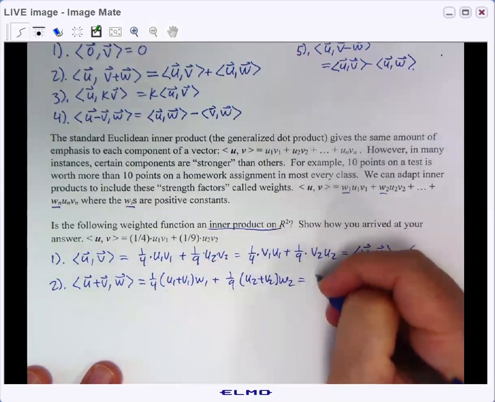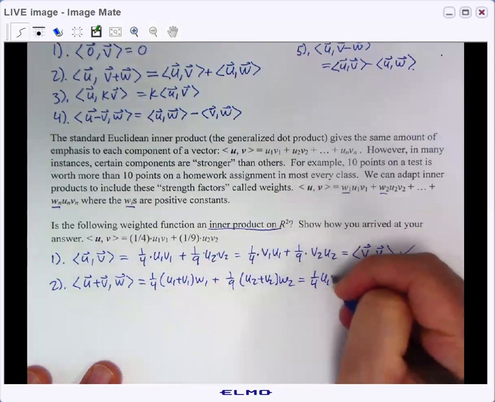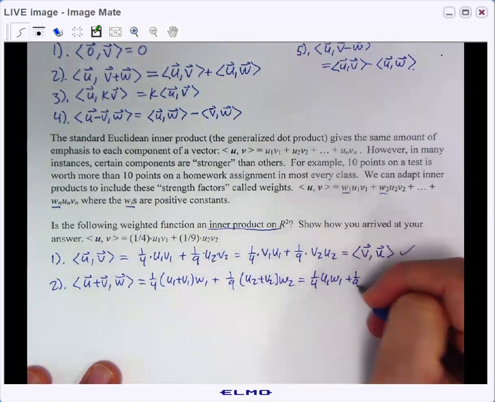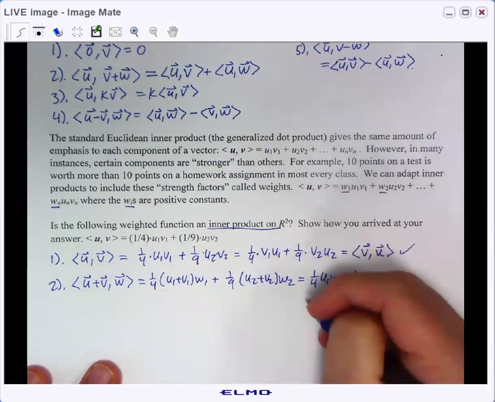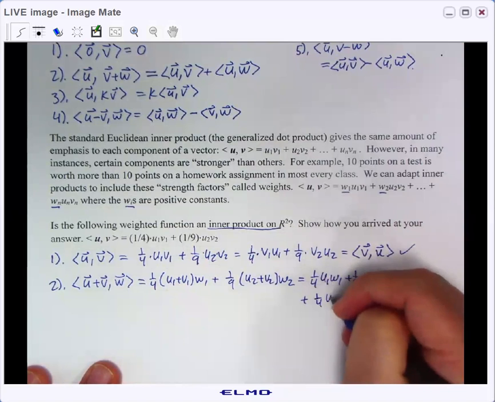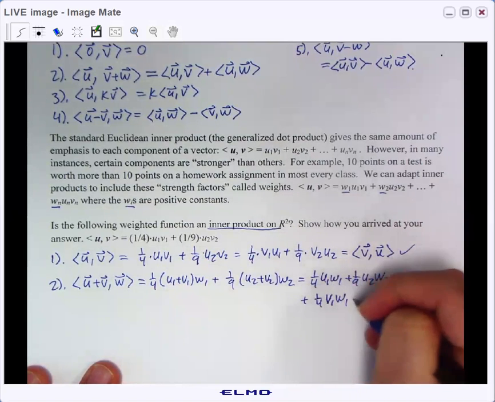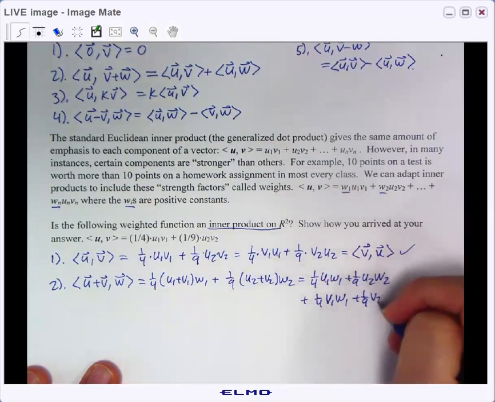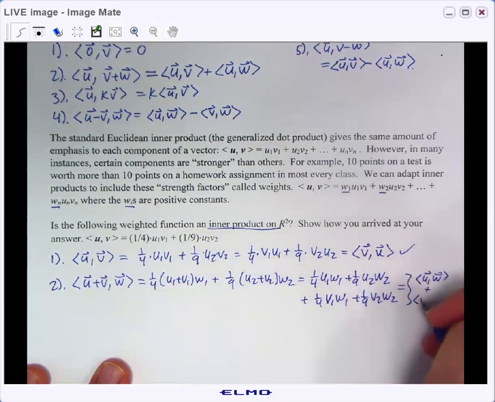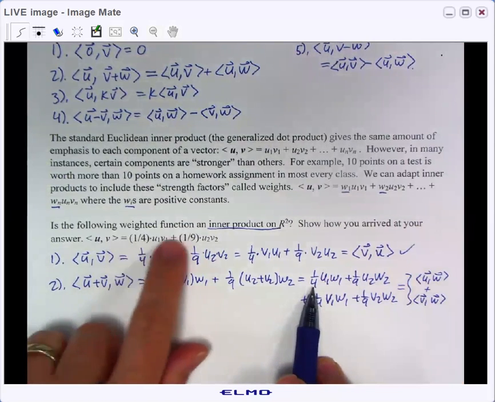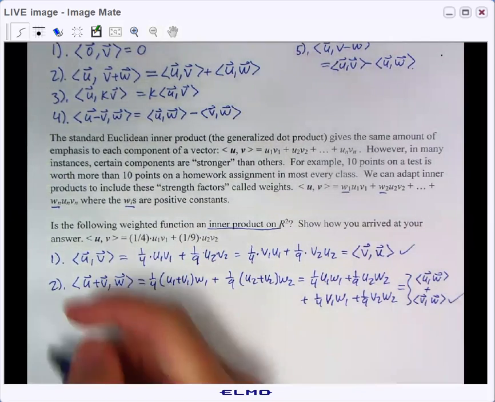And just a little bit of algebra is going to show me that this is 1/4 U1 W1 plus 1/9 U2 W2 plus 1/4 V1 W1 plus 1/9 V2 W2, which is equal to U inner product W plus V inner product W, because it matches up just like it would here. So axiom number 2 works.